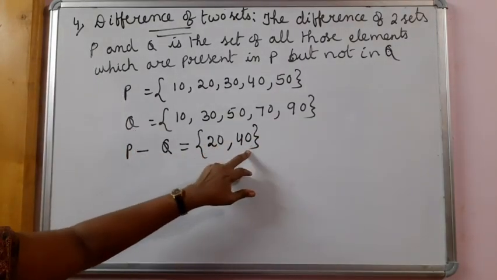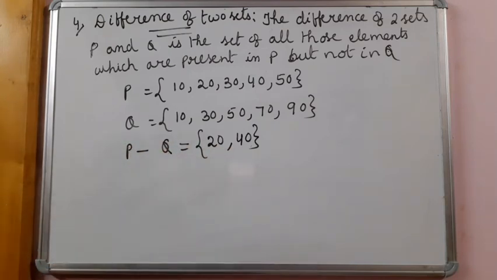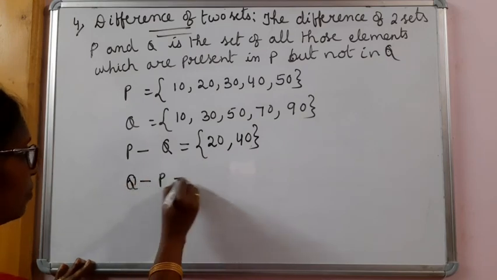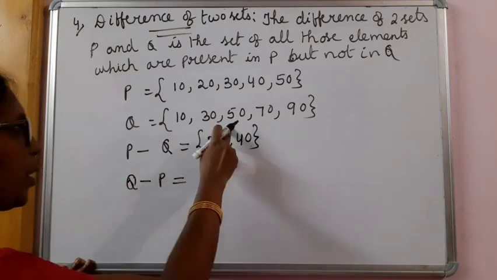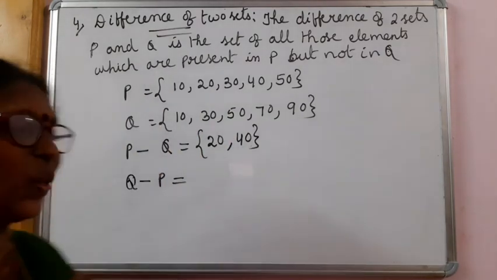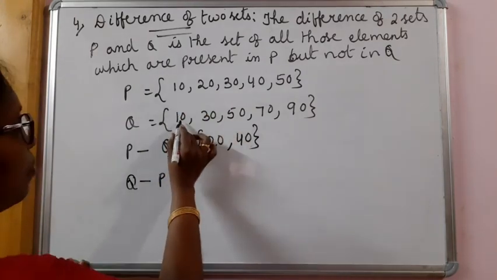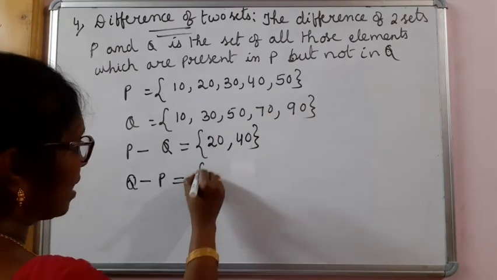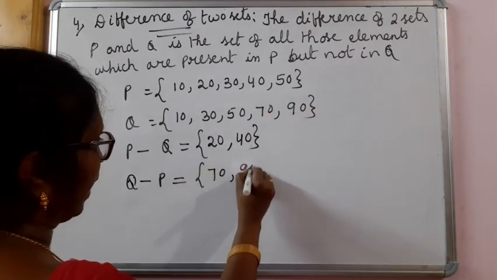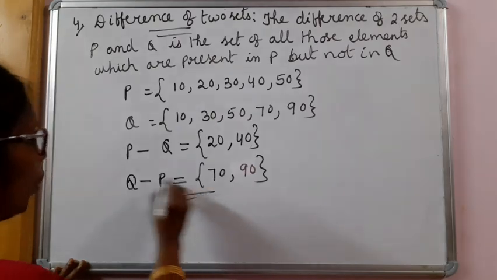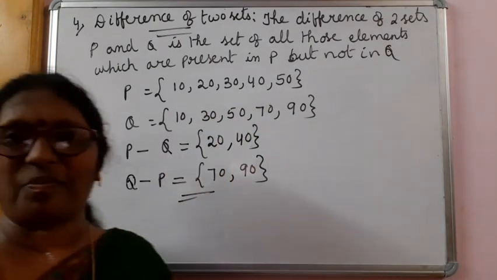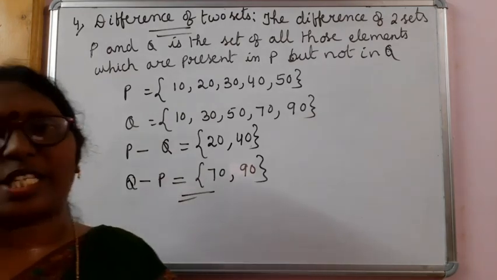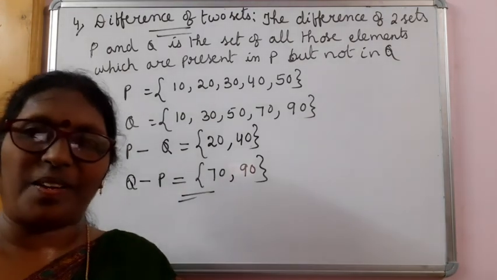If it is Q minus P, elements which are present in Q but not in P: 10, 30 and 50 are present in both, and 70 and 90 are present in Q and not in P. So that is how to find the difference of two sets. Thank you.